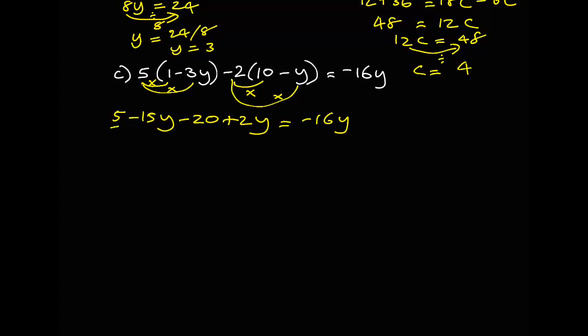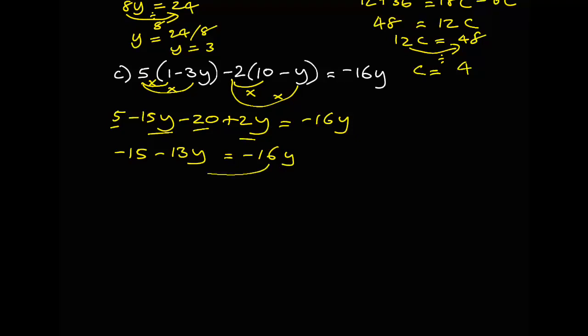So let's add the constants on this side together separately and add the y's separately. So 5 minus 20 is negative 15. Negative 15y plus 2y is negative 13y. And that equals negative 16y.